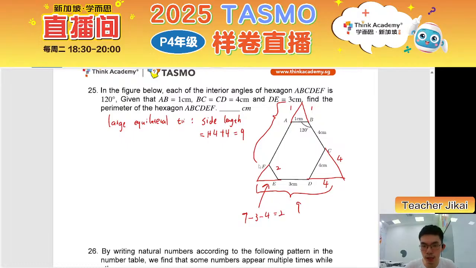So 2 and 2. And how about this one? Yes, 9 minus 1 minus 2. So it is 6 here. So the answer is just we add all of the sides together. So it will be 1 plus 4 plus 4 plus 4 plus 3 plus 2 plus 6.